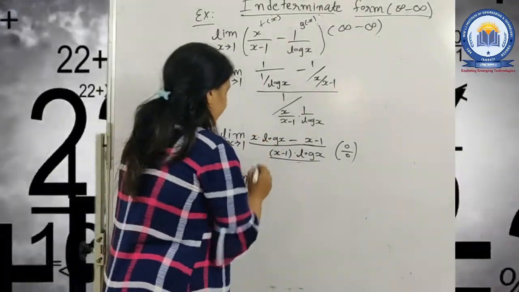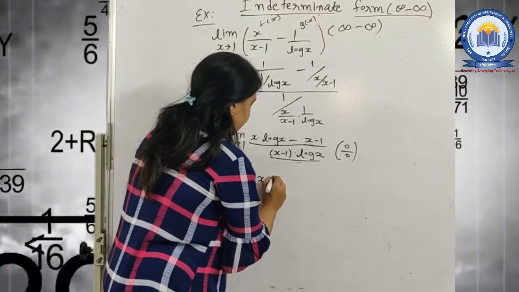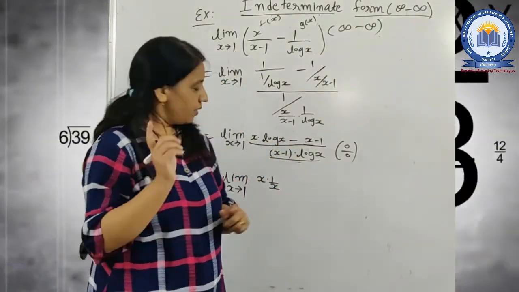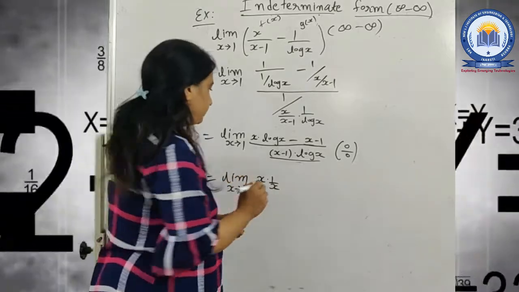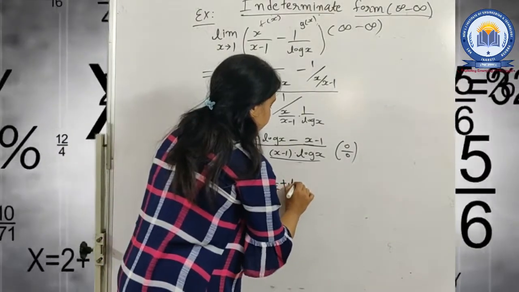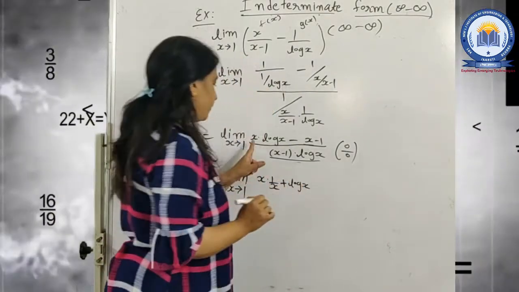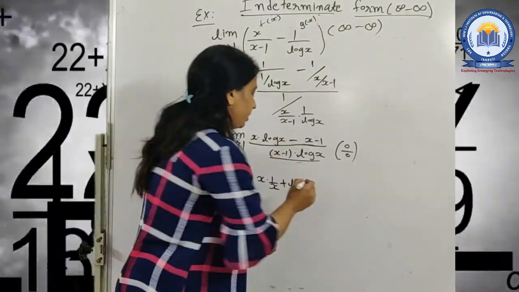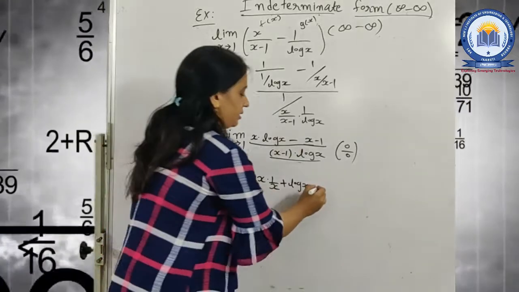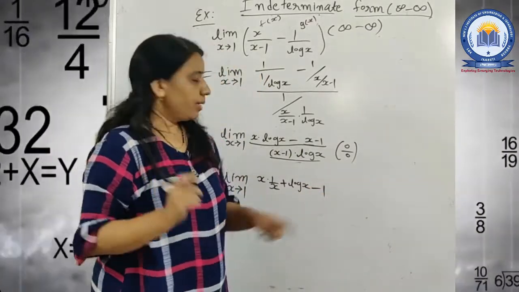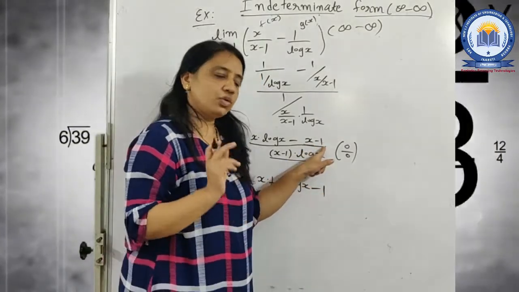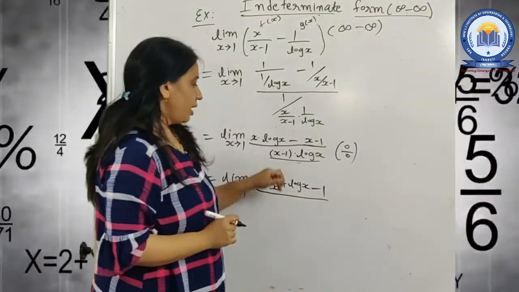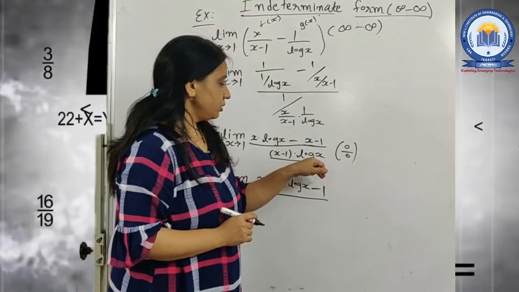So x as it is into the differentiation of log x, that is 1 upon x, plus log x as it is into the differentiation of x, that is 1, minus the differentiation of x, that is 1, minus constant, so it's 0, upon (x minus 1) into log x.